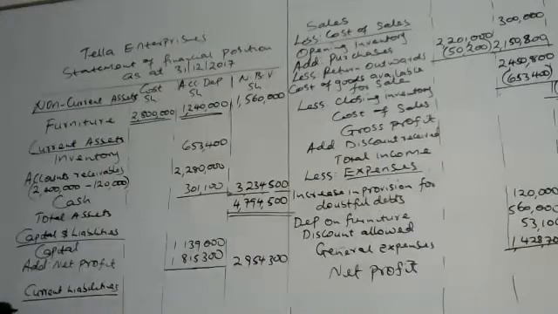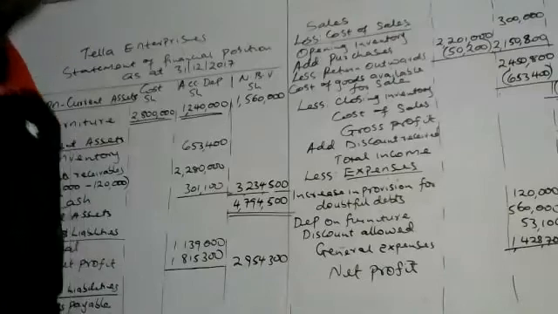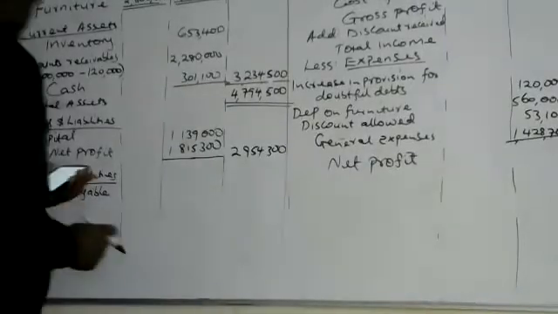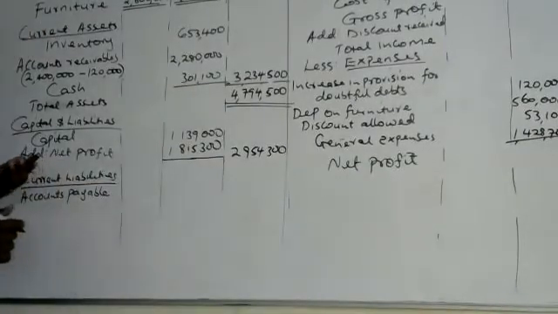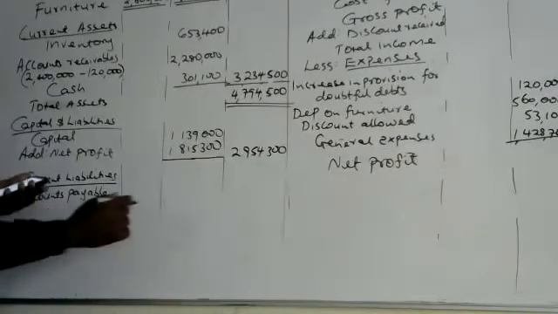And here we have the accounts payable. The accounts payable is the same as the creditors, and we are given 1,400,200.